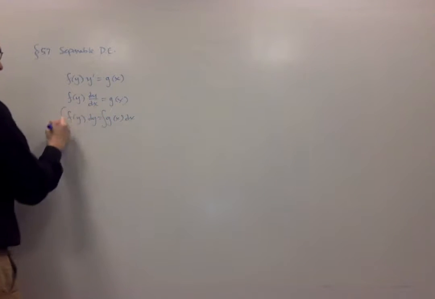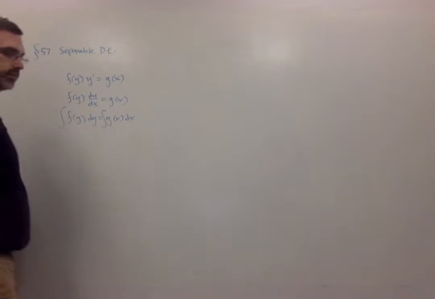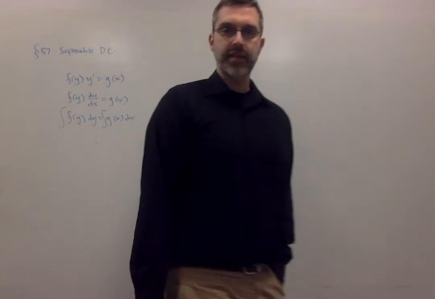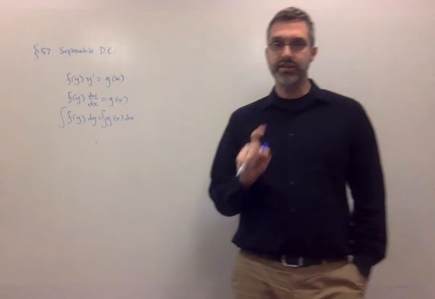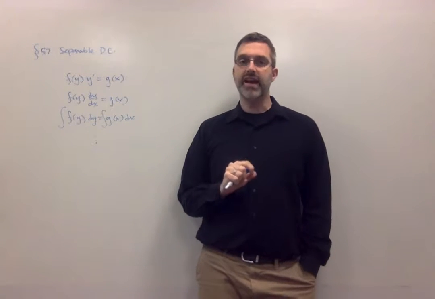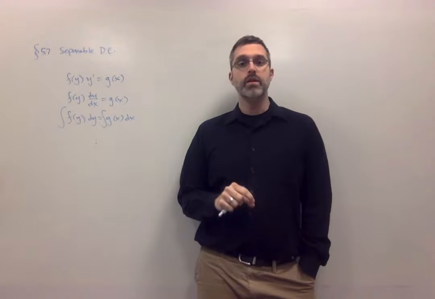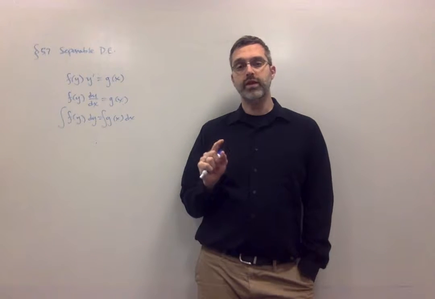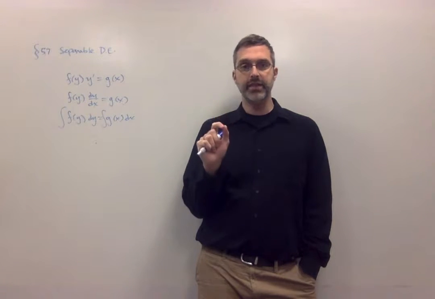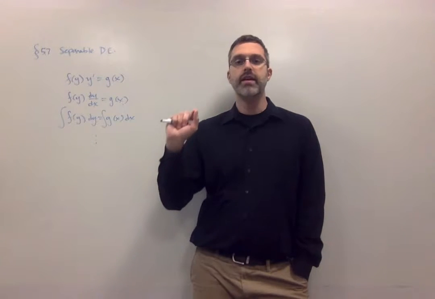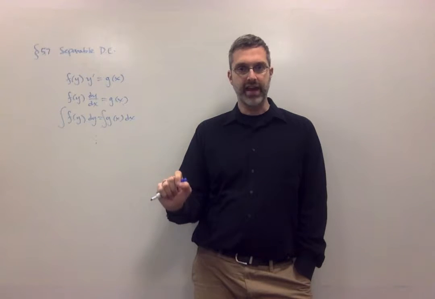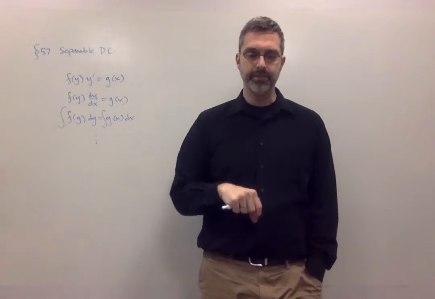And then we integrate both sides and then keep going, right? That is how we dealt with a separable differential equation. So the question immediately comes, what do we do if it's not separable? Well, one answer to that is if we can take something that's not separable and turn it into something that's separable, then we're good. We can solve that and then go backwards, okay?